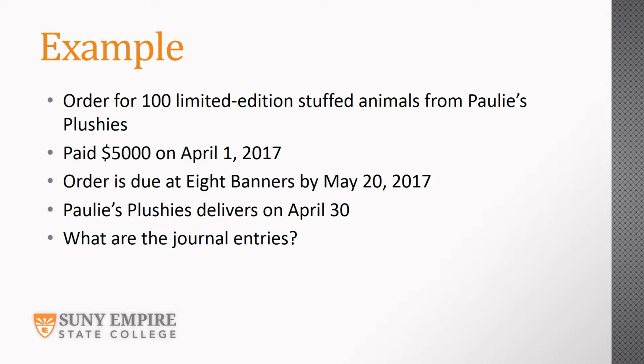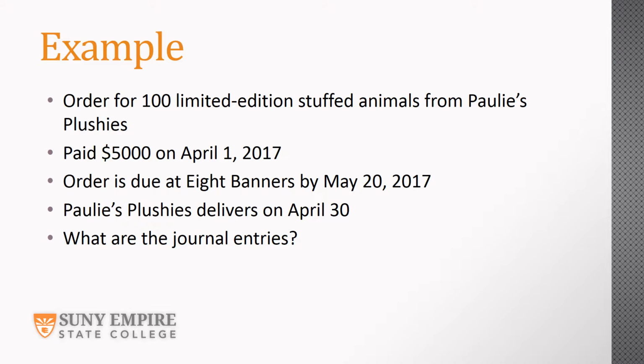8 Banners Amusement Park will celebrate their 50th anniversary next year. They plan to sell limited edition commemorative plush toys in their gift shops. They place an order on April 1st for 100 of the plush toys from Polly's Plushies, paying the $5,000 cost in advance.